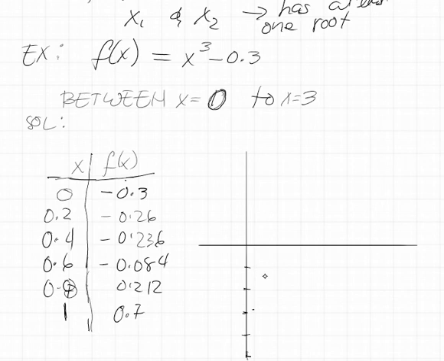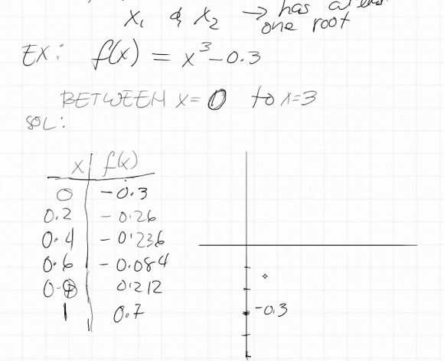The maximum value for the y-axis is 0.7 and the minimum is negative 0.3. So we can make it up to negative 0.3. Let's say this is negative 0.3 here. So when x equals 0, our y is this one. This is the first point here.